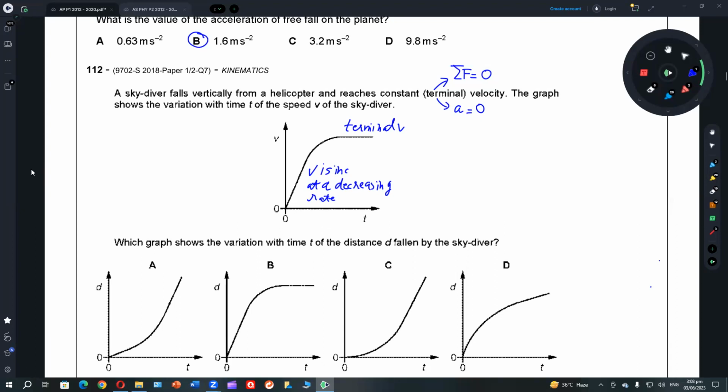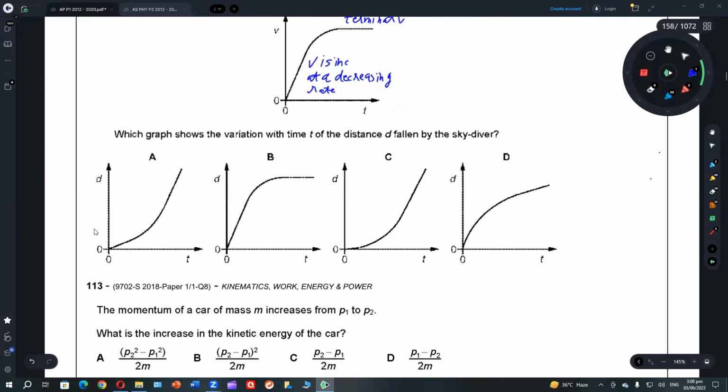At the point velocity becomes terminal, it means constant. And when you come to the distance time graph, its gradient is velocity. So it should be a straight line. I'm cancelling B because B is the copy of the given graph, which is not possible. Velocity should be increasing at a decreasing rate. So distance should also be increasing at a decreasing rate.